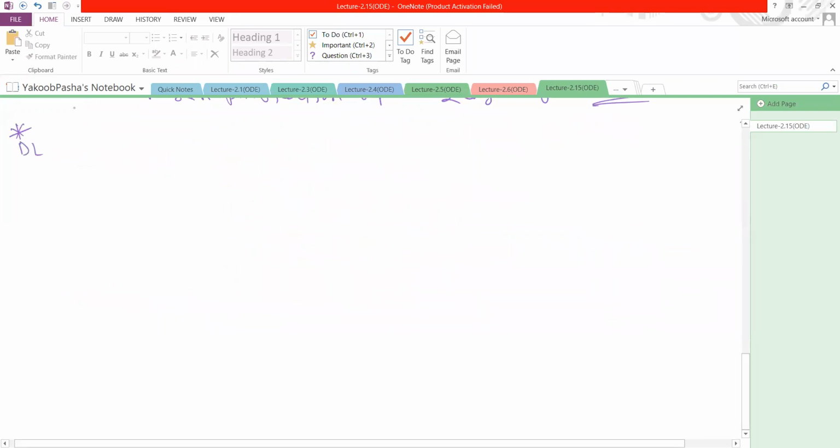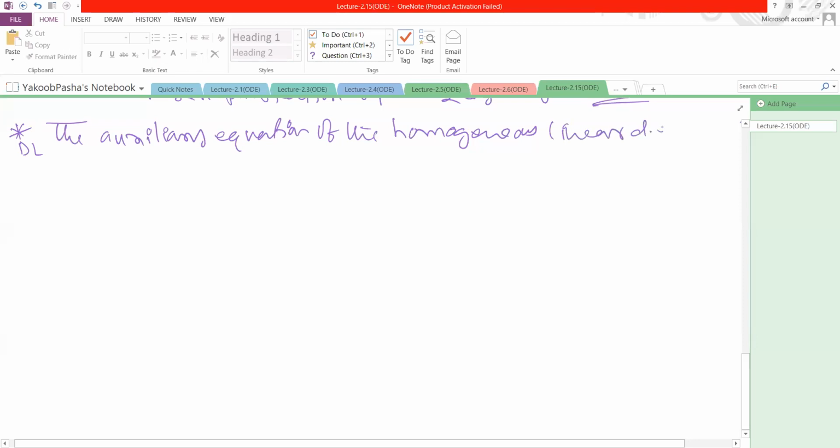It is from DL. The auxiliary equation of the homogeneous linear differential equation x square into D square plus 3x D plus 1 into y is equal to 1 divided by (1 minus x) whole square.